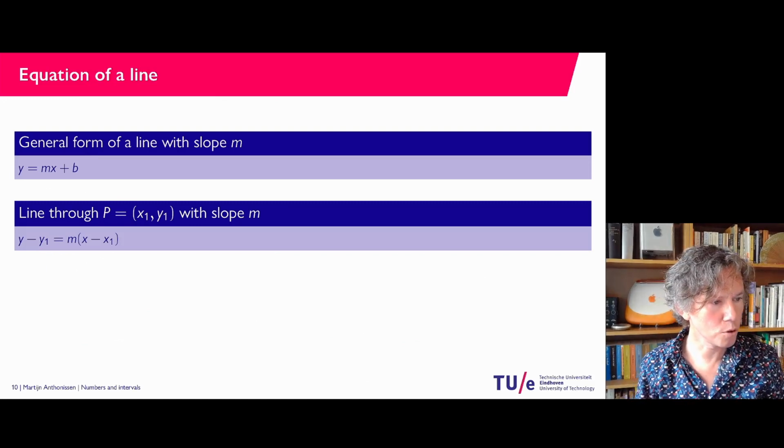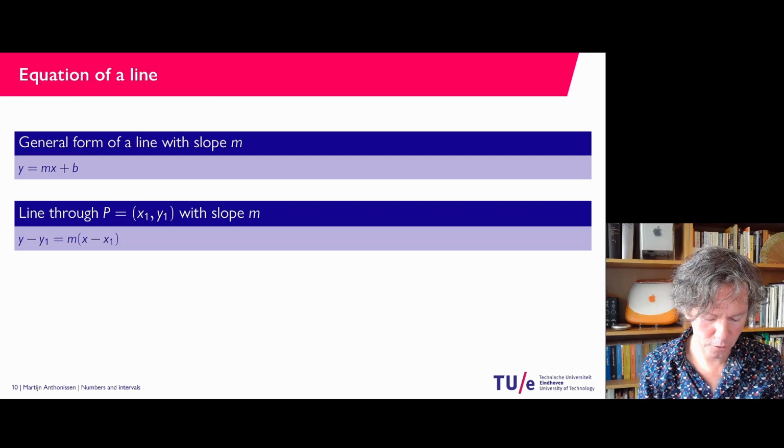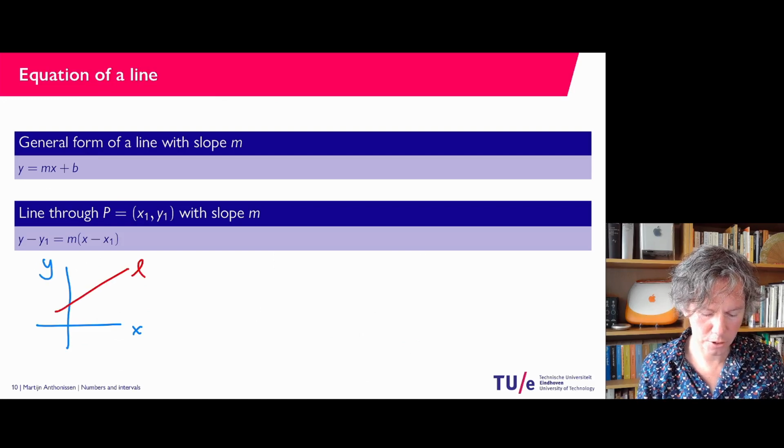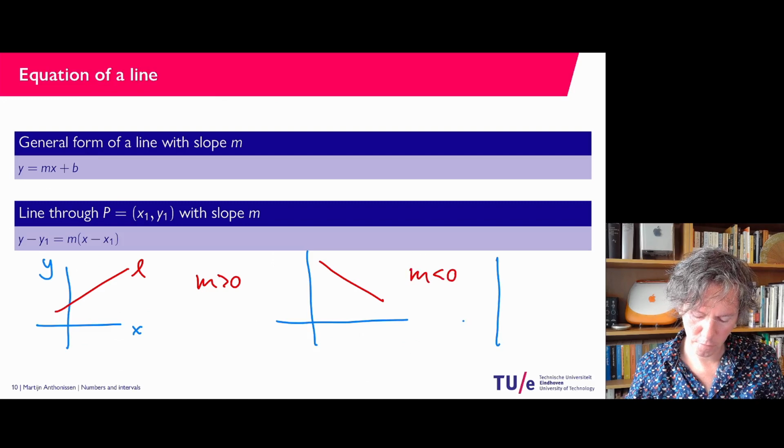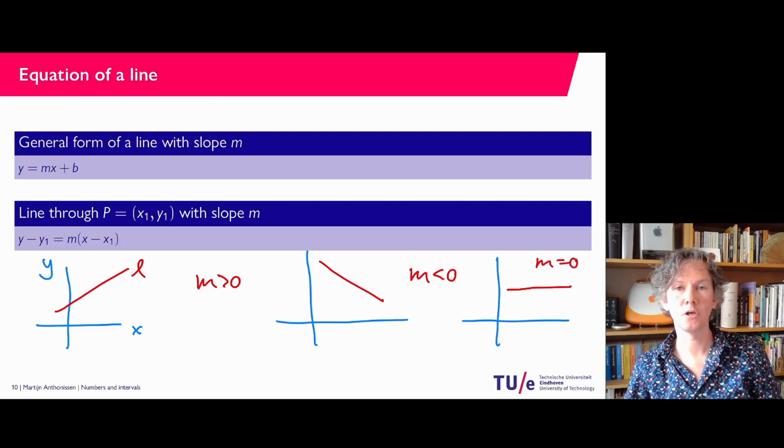So the only thing that I wanted to add is, if you have a straight line, so x-axis, y-axis, if your line goes up like this, then you know that the slope is positive. If you have a line that goes down like this, you know that m is negative. And if you have a horizontal line like this, this means that m, the slope, equals 0.